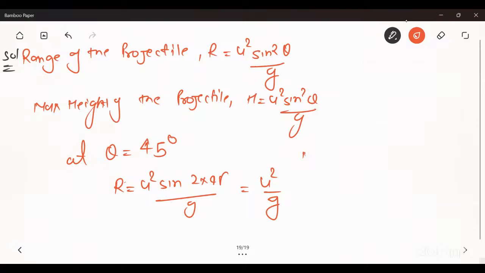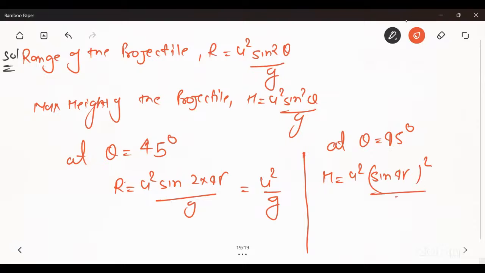And at theta equal to 45 degree, H will become U square sine 45 whole square by 2G. Sine 45 means 1 upon root 2. So 1 upon root 2 whole square is 1 by 2.